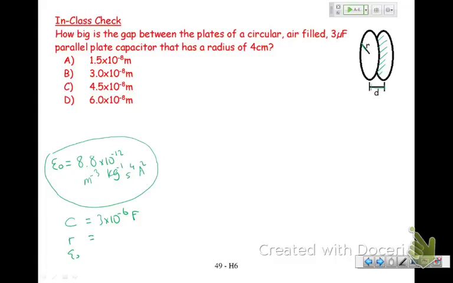And my radius, well, that's going to be 4 times 10 to the minus 2 meters. And my epsilon naught, and I gave you this value, 8.8 times 10 to the minus 12, in seconds to the 4th, amps squared, meters cubed, kilograms. It's weird units, but that's the way it is.